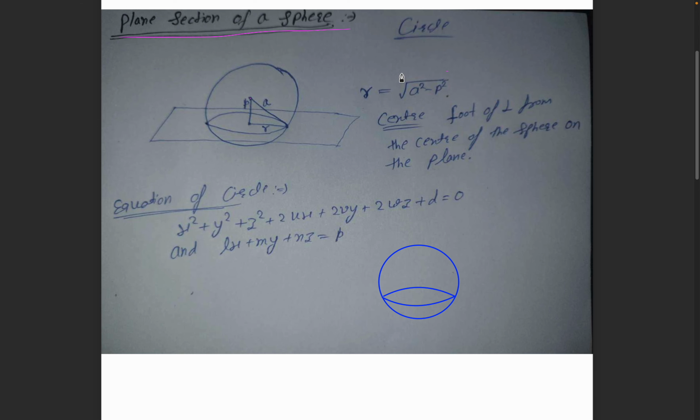We can easily find the radius of the circle. a is the radius of the sphere, and p is the perpendicular distance from the center of the sphere to the plane. We can say it is the minimum distance between the center of the sphere and the plane.